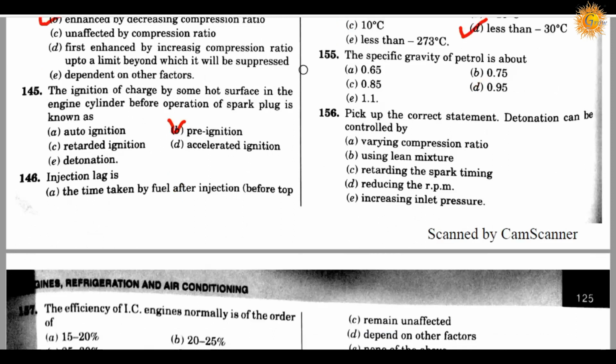Question number 155. The specific gravity of petrol is about option A 0.65, option B 0.75, option C 0.85, option D 0.95, option E 1.1. Correct answer is B. For petrol, specific gravity is 0.75.